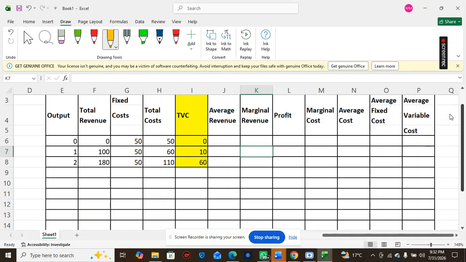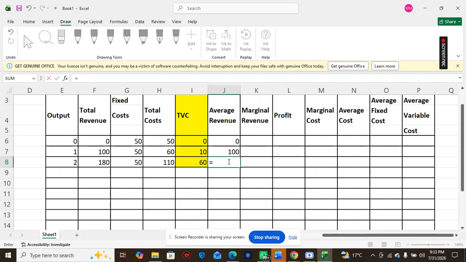So here, when we produce 0 units, the total revenue is 0 and the total output is 0, so the revenue per unit is 0 also. When we produce 1 unit, the total revenue, 100 kwacha, divided by the total output, 1 unit, so the revenue per unit is 100 kwacha.